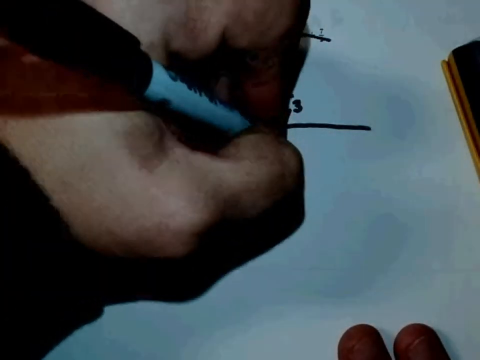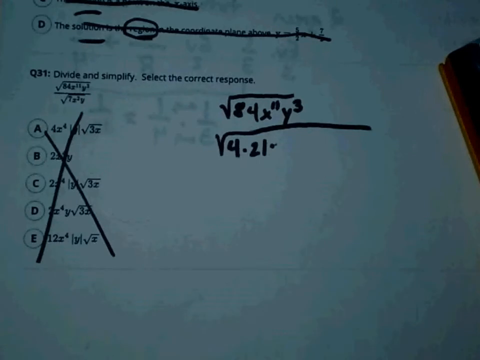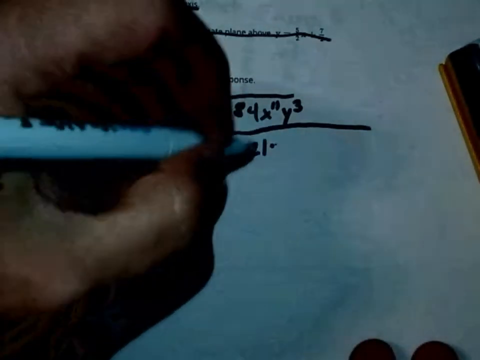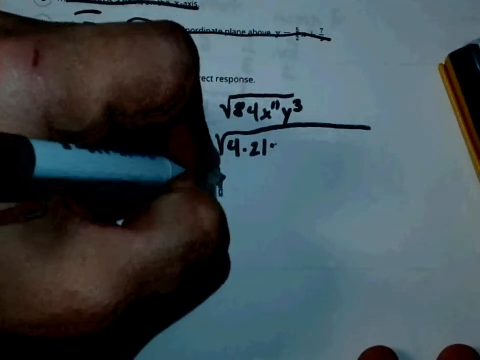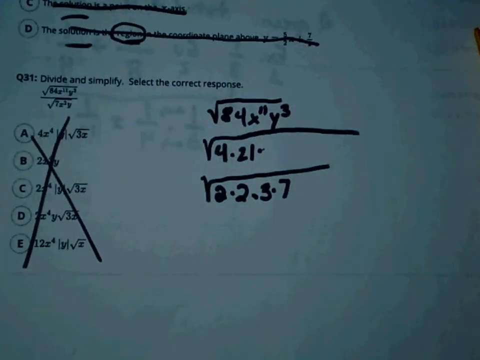So we can break this down to 4 times 21, and then we have 11 x's. We'll deal with those x's in just a minute. This 4 factors to 2 times 2, and the 21 factors to 3 times 7.